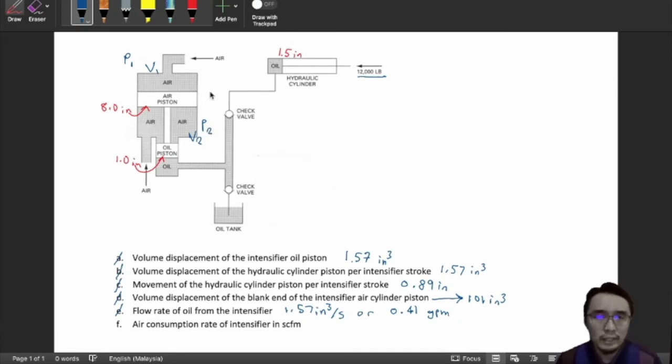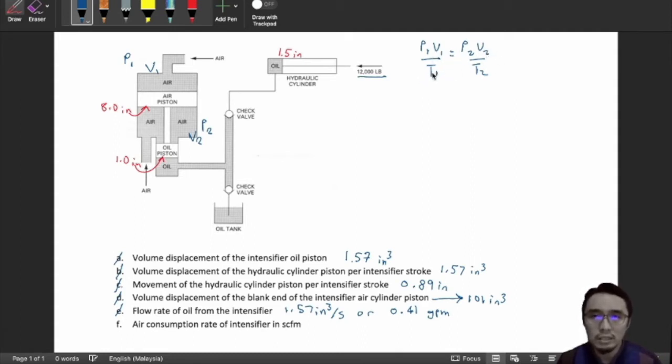Remember also that this P1 V1 and P2 V2, if you recall the ideal gas law, it is related. The ideal gas law says that P1 V1 over T1 is equal to P2 V2 over T2. If we have pressure, volume, and temperature at a certain condition, it should be equal if we change some parameters.